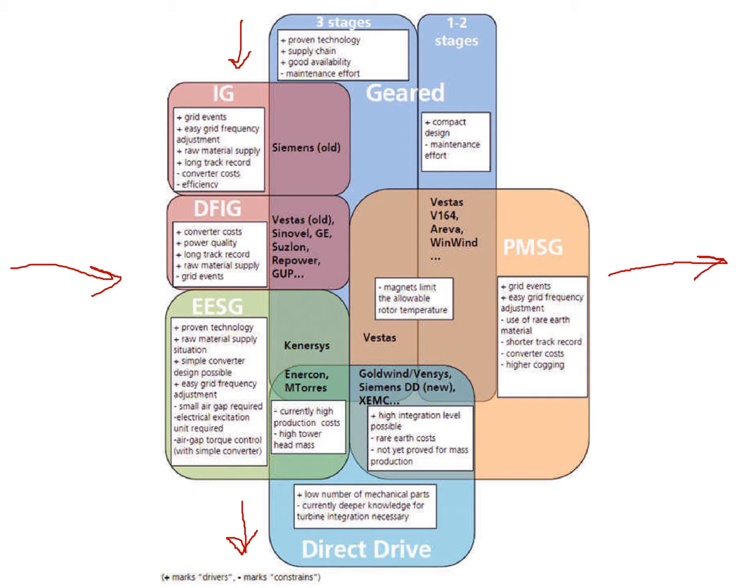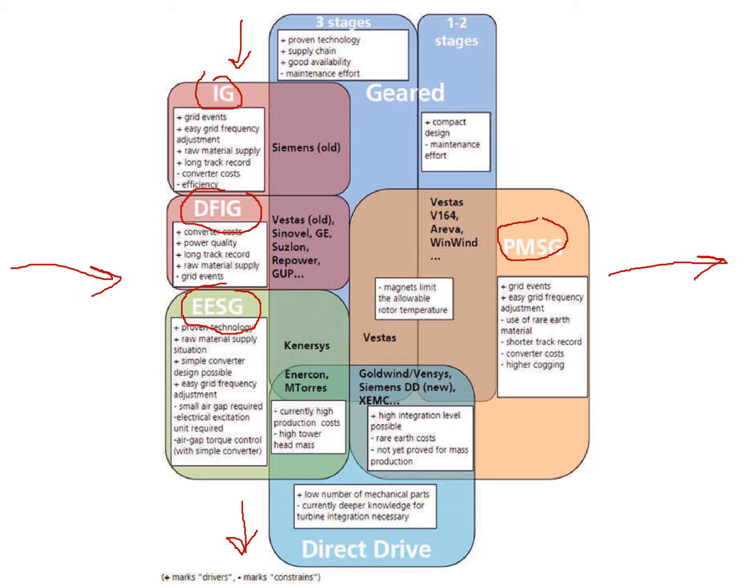We start from an induction generator on the left hand side, and then further down double fed induction generator, and then electrically excited synchronous generator. And on the right hand side, we have permanent magnet synchronous generators. So on this slide we see how different gearboxes can be combined with different electric machines, with different generators.